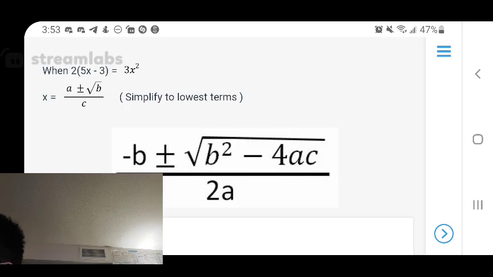Simplify to lowest terms. Wait, so it is a nice number. Minus 4ac. 4 times 3 is 12, times 6 is 72. B is 10, or b is negative 10. Negative 10 squared is 100. 100 minus 72 is 28.